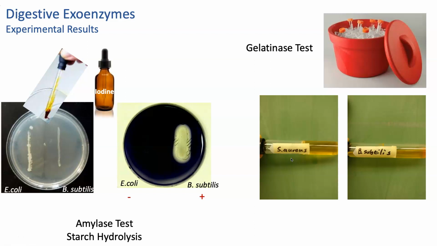Well, what do you think that means? If the gelatin solidifies, that tells me that Staphylococcus aureus is negative for gelatinase. The bacteria does not produce the enzyme gelatinase, and therefore the gelatin was able to solidify upon putting it on the ice.